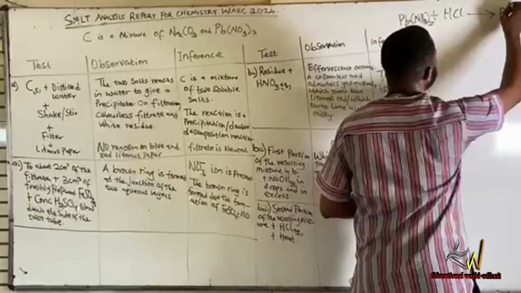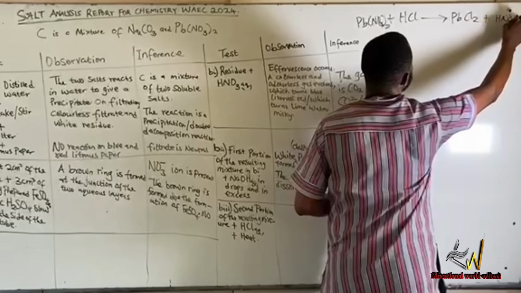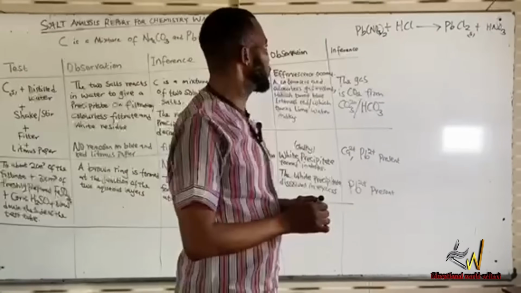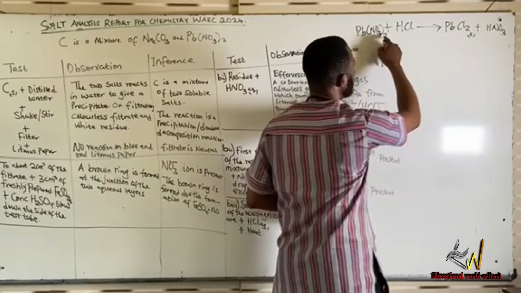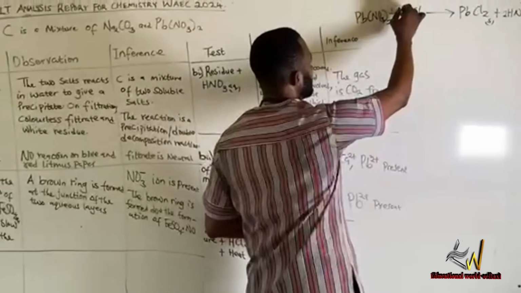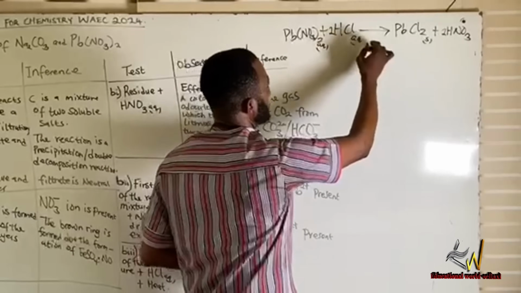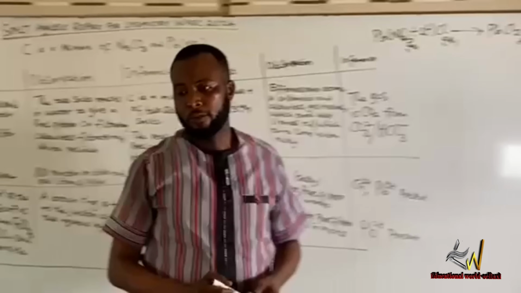So you have PbCl2 plus HNO3, and this is the white precipitate that was formed in the test. So as you can see, can we balance? This is aqueous. This is aqueous. So to give us the precipitate and aqueous.